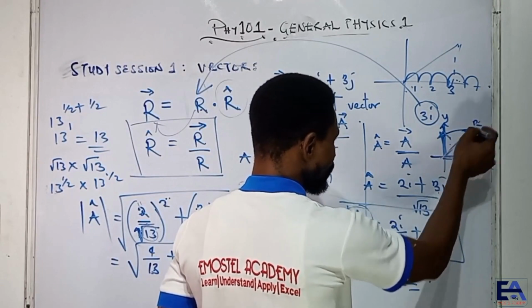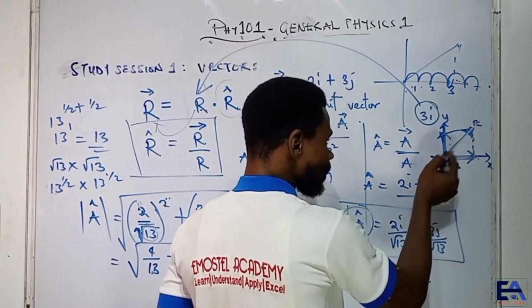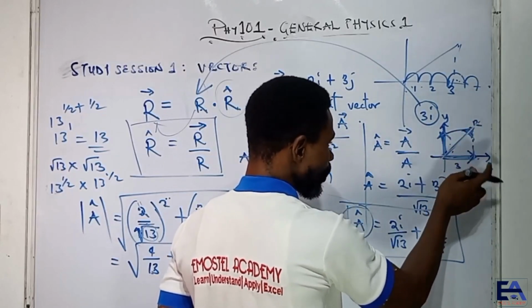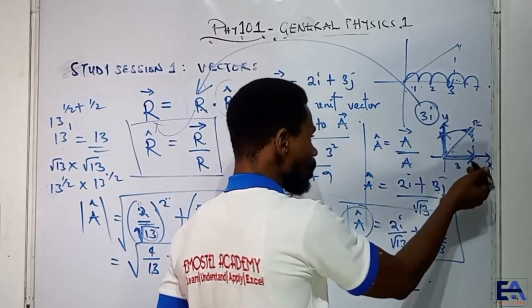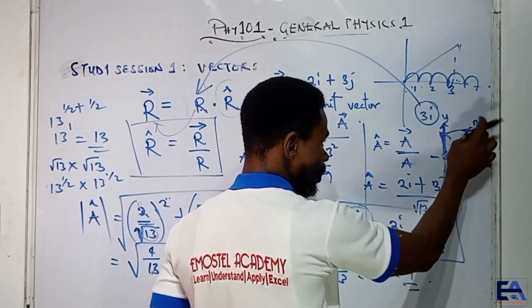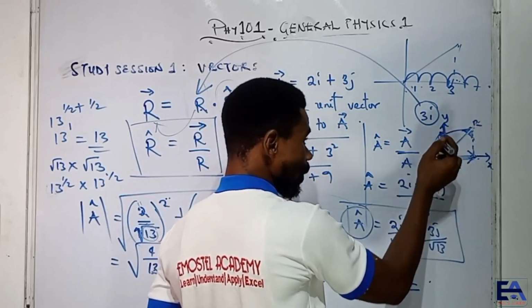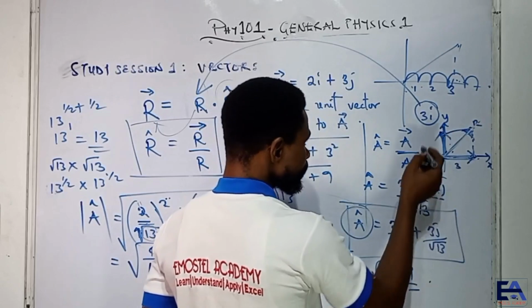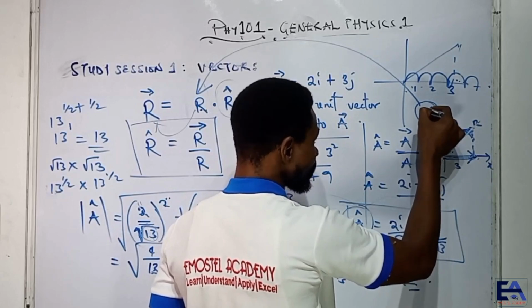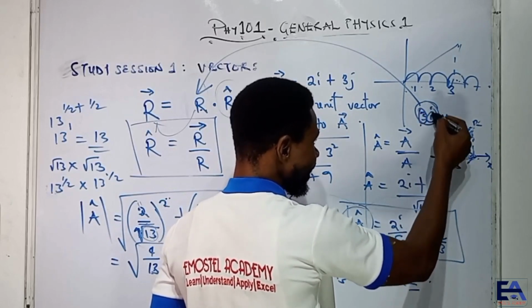So the component of this vector, that is the aspect of this vector on x, or the power of x on the vector, is from here to here. The effect of y on this same vector is from here to here, which is a component. If you look at this 3I, 3I means 3 units, or the magnitude is 3, and then I is the unit vector.